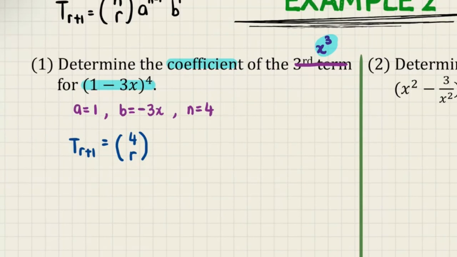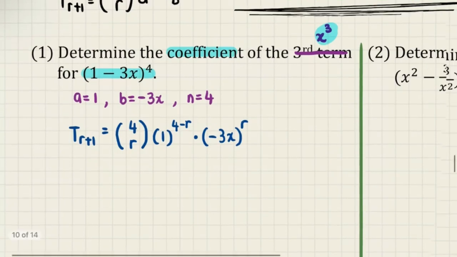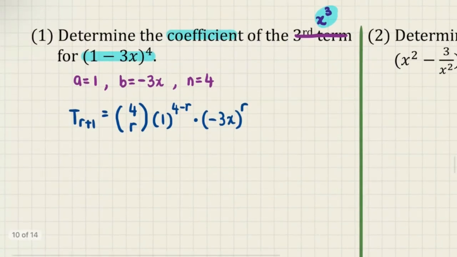So 4CR, A adalah 1 to the power of 4 minus R darab dengan B, B is negative 3x to the power of R. Okay, so now our formula is in terms of R.